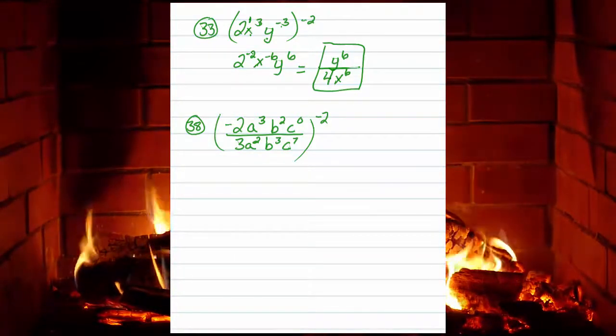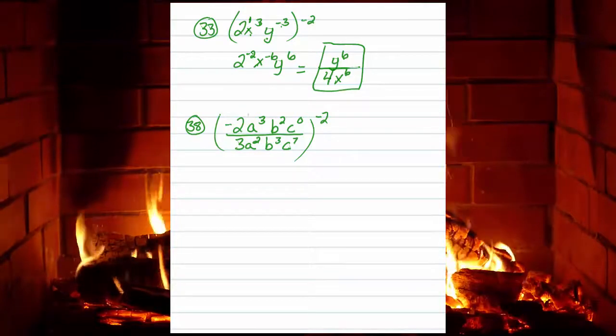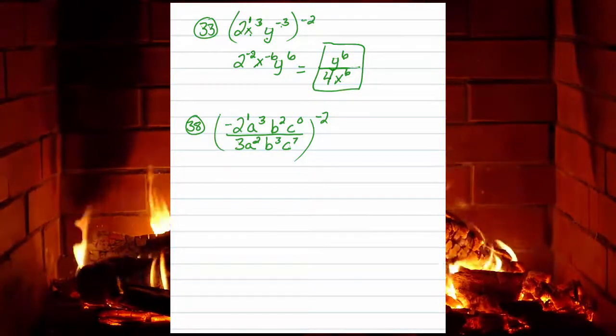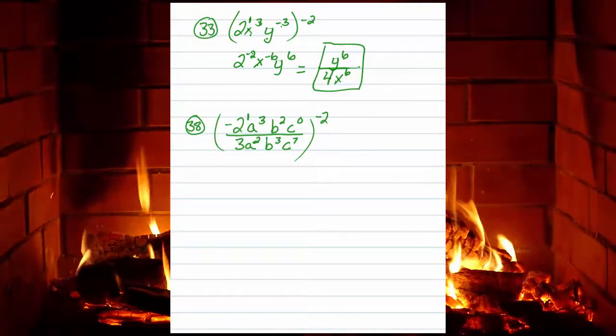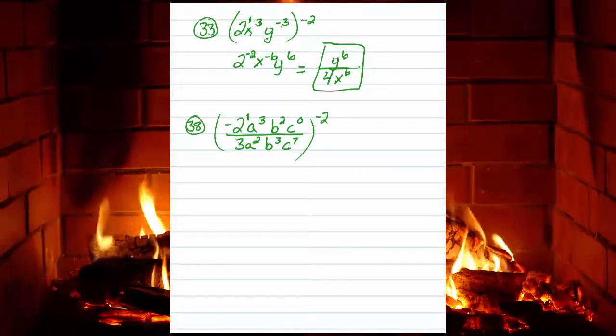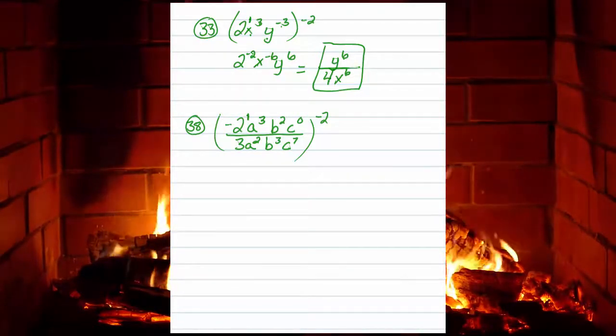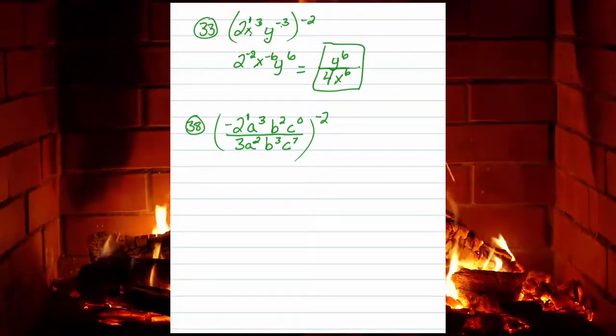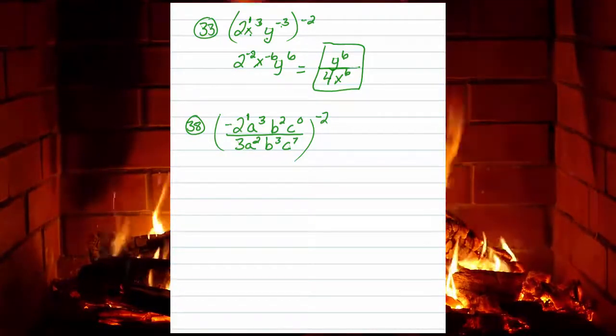So if I were to think through this, negative 2, which has a power of 1, raised to the negative 2nd power would become negative 2 raised to the 1 times negative 2nd power. Well, if it has a negative 2nd power, it's going to cause it to come down below my fraction bar.